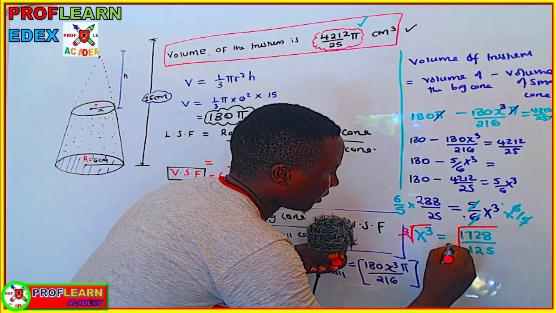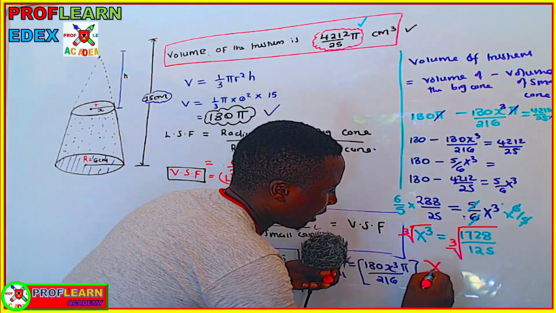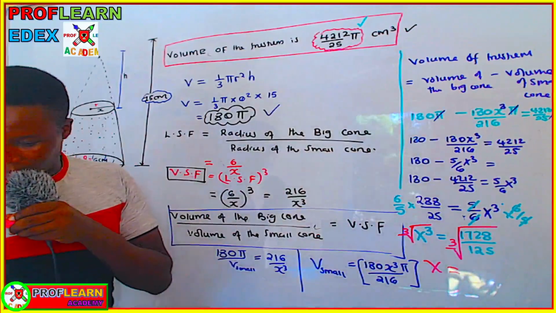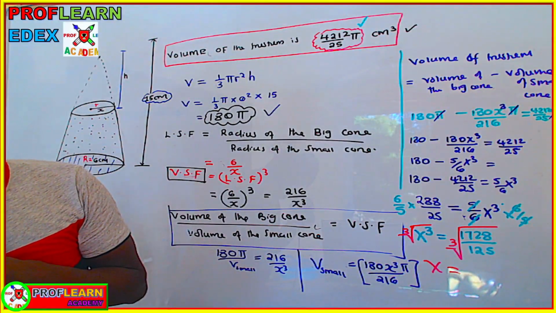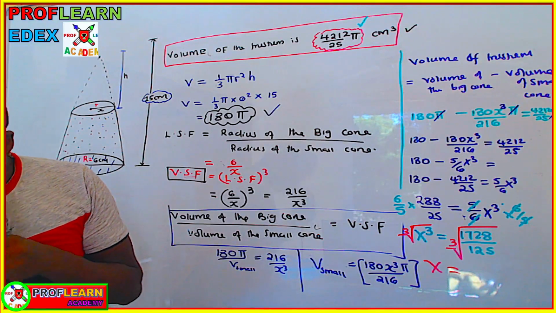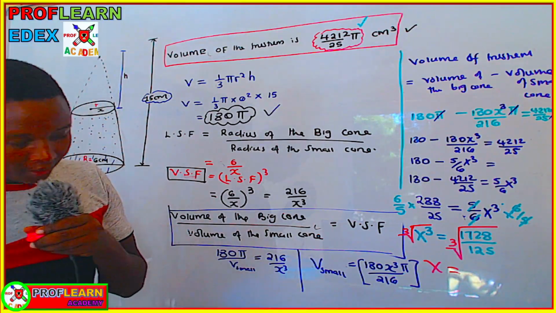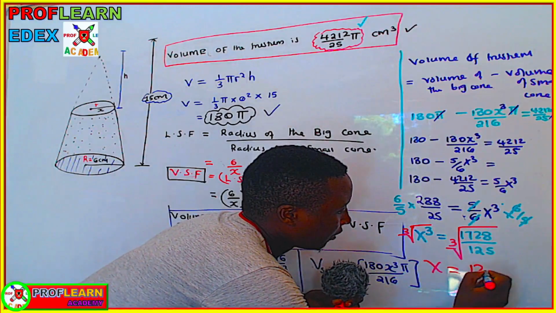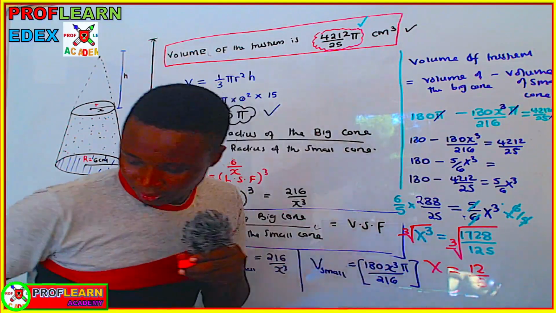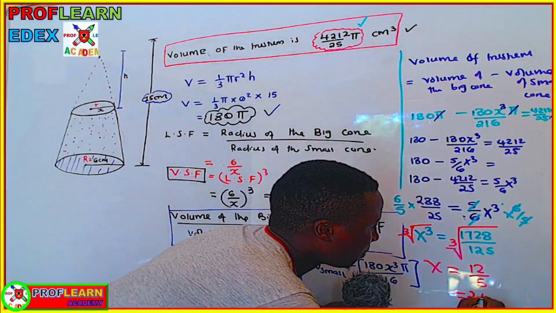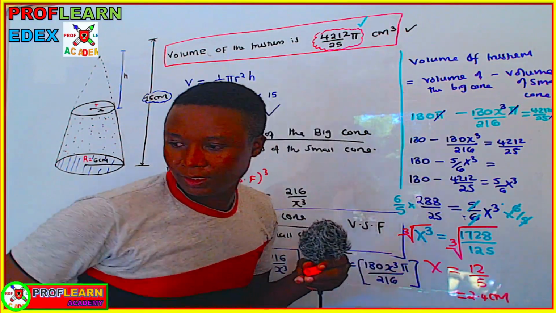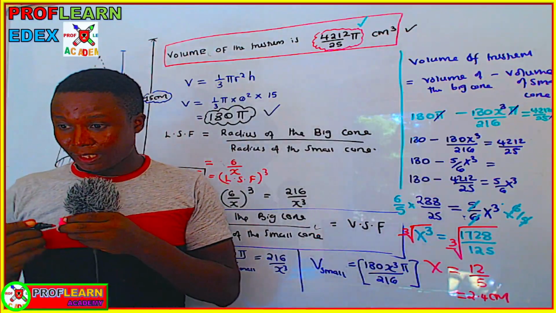Using our calculator, I'm getting my value of x as 12 over 5, which is equivalent to 2.4. This is 2.4 centimeters as the answer.